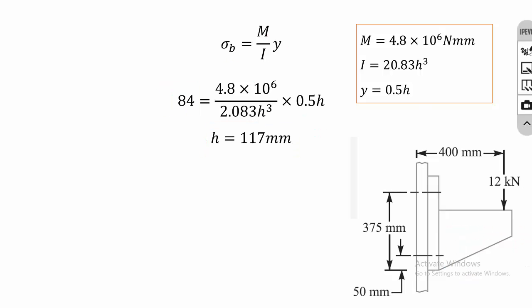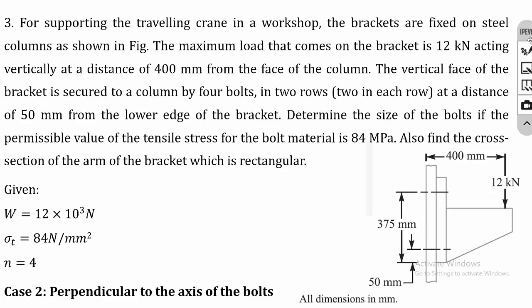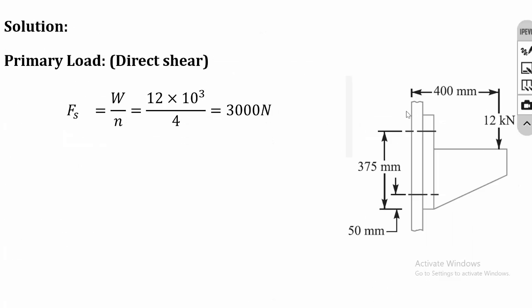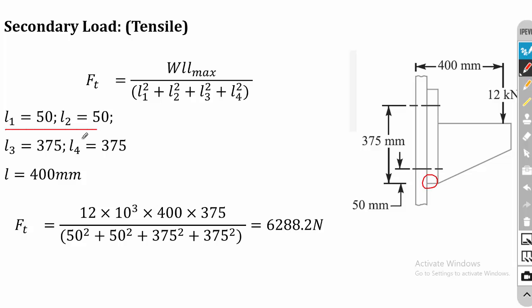Okay. So the important point is calculation of the bolt size. Remember that the load is acting perpendicular to the axis of the shaft. So the primary stress is direct shear and the secondary stress is tensile. So here this is the pivot point, and be careful while calculating the length. So L is the perpendicular distance. Okay. So for the load, the 400 mm is the perpendicular distance.